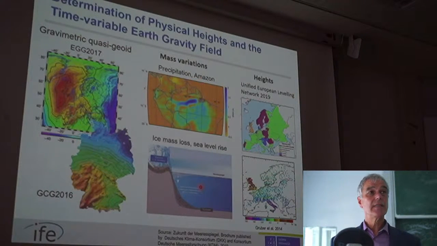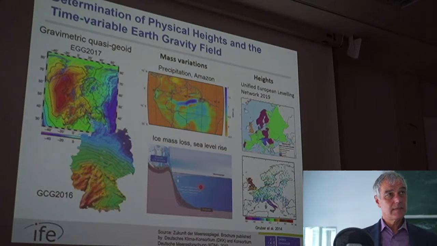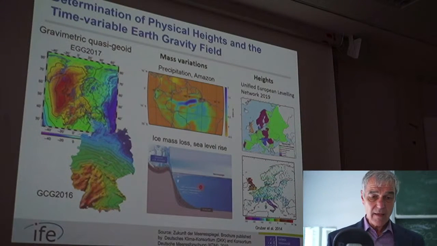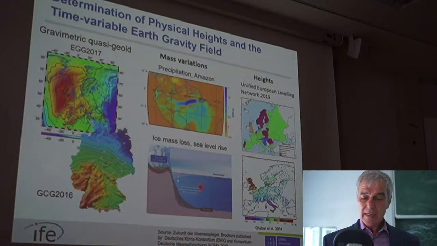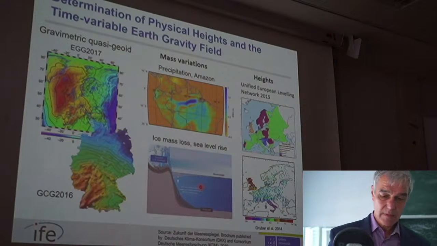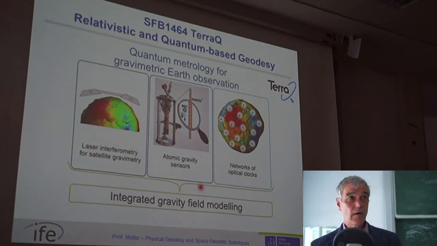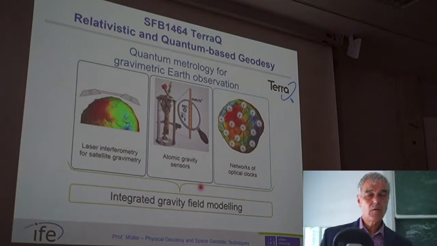So we are also interested in techniques to observe these mass changes on a global scale, but with some regional effect. And on the right-hand side, our height systems are illustrated. So worldwide, we have many, many different height systems, and we have to combine them, or relate them to each other.